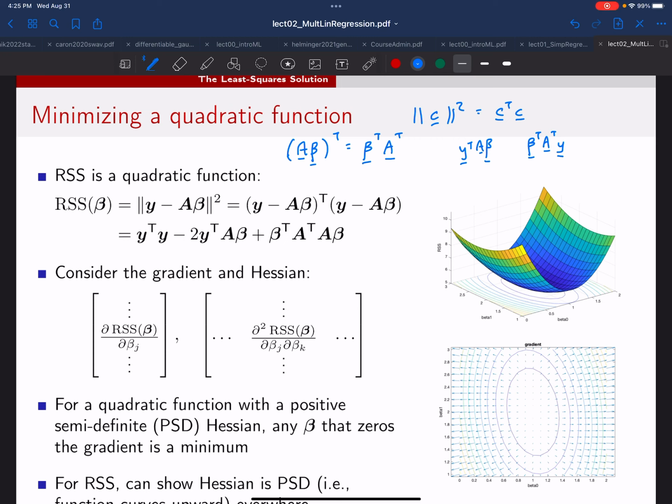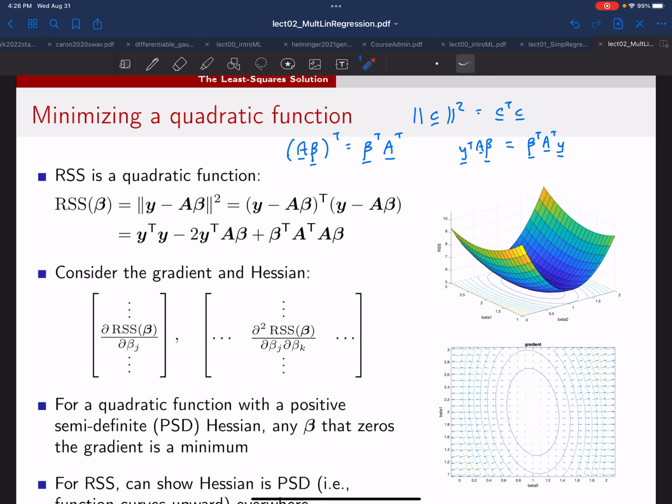What happens if you transpose a scalar? Nothing. So the only thing that's different between this and this is I wrote one as a transpose of the other, right? I flip the order and I transpose all the elements. So because these are transposes of each other and they're scalars, they're identical. So I'll put an equals there. And that's why there's only a single cross product term with a 2 in front of it, because I combined those two.